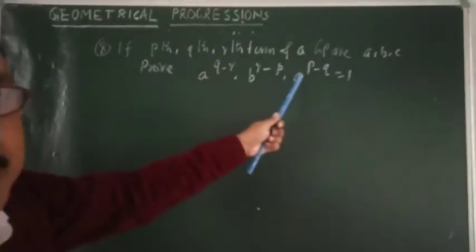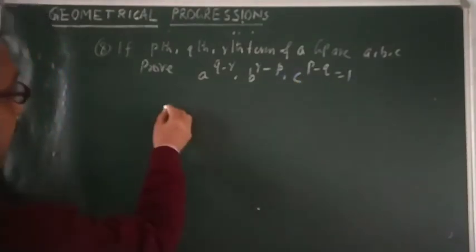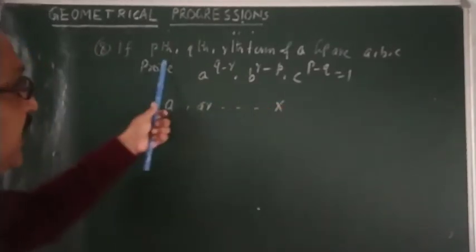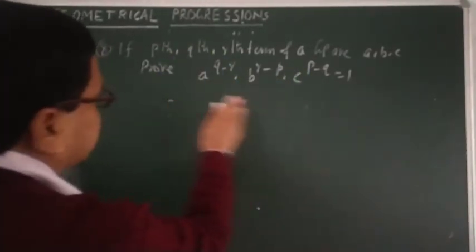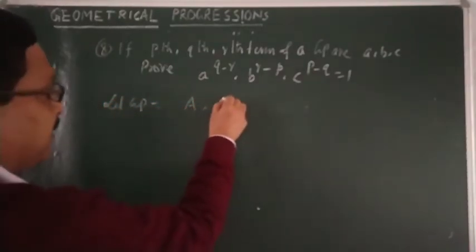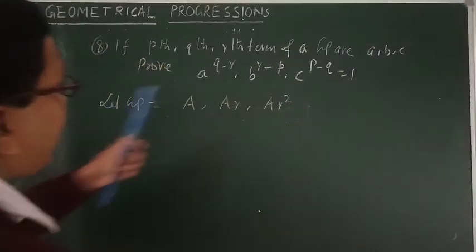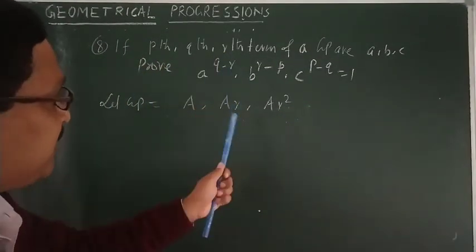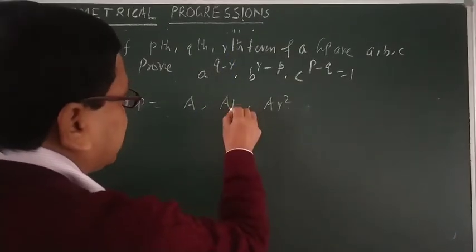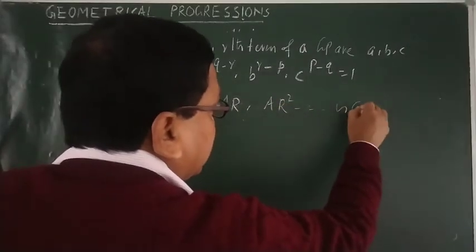Now the pth term is a, so you will never start the GP by AR. Because the pth term is a, let the new consideration, let the GP be capital A, AR square. But r is also the rth term, so never keep it as r, both r's will collapse, so better to take this as the GP.